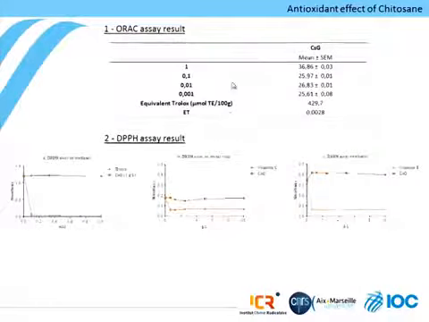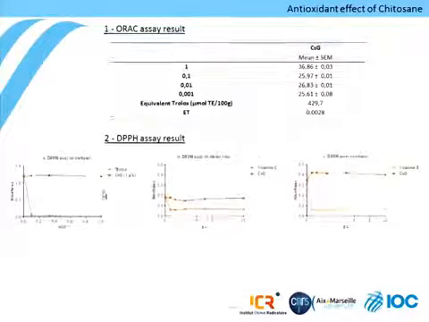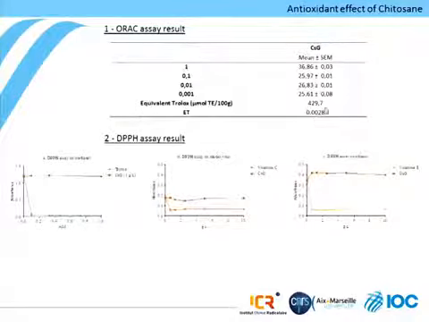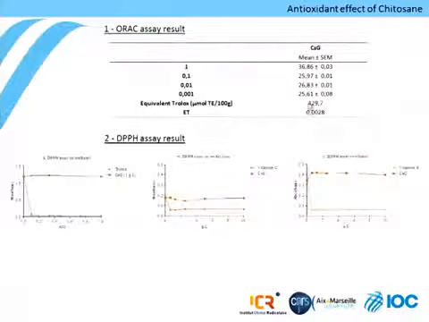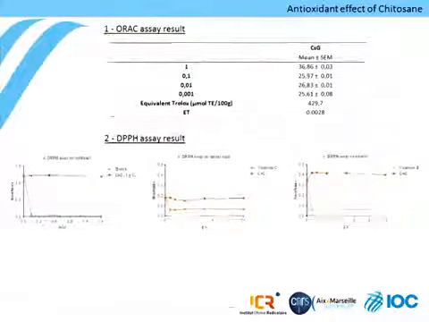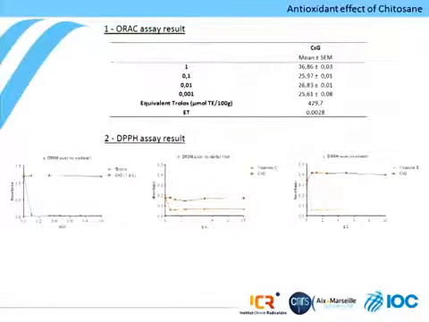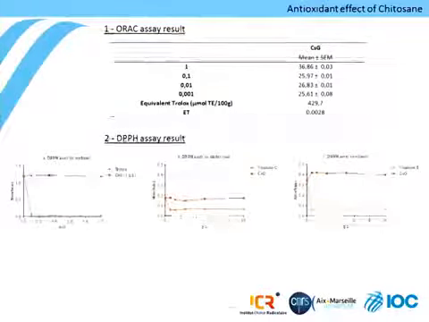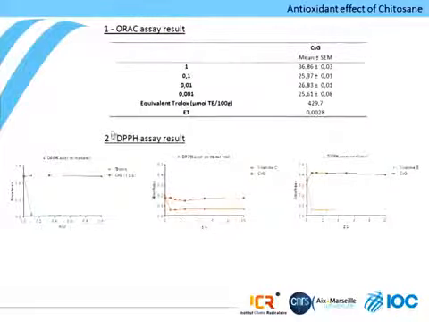Here you see other results of the study. As you can see, irrespective of the concentration of chitosan, you get to a low equivalent value of Trolox. This is the standard that we used as reference. This very low number entails the absence, basically, of trapping activities of this compound, chitosan, on ROS.